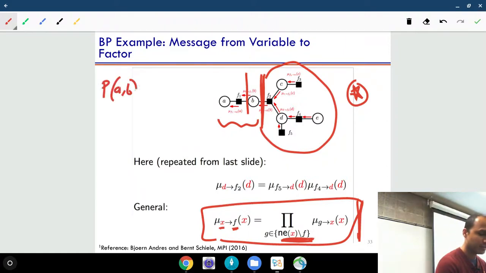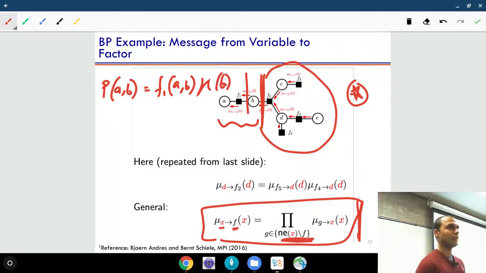Remember, p of a comma b was just the local factor f1 of a comma b, and a message that I got from the rest of the graph, which is a function of b. So for that, we defined each one of them to be a message between the factor node and a variable node.